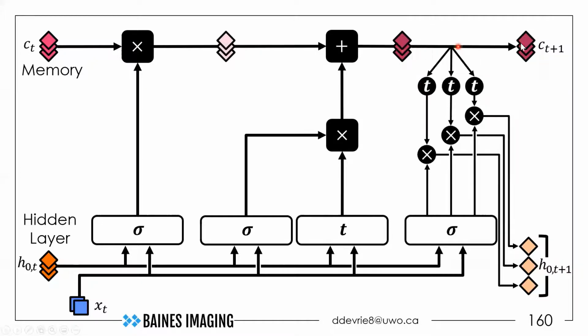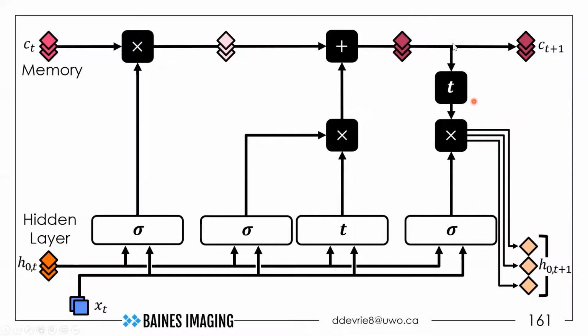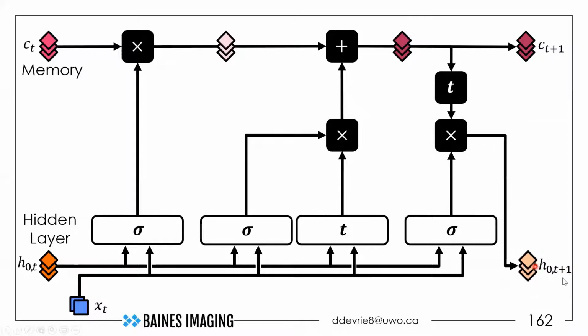Again, vector values for our memory: each element of that vector of memory gets passed out towards the output gate. And again, we could represent this with an element-wise hyperbolic tangent, element-wise multiplication, and element-wise input from our output gate network. And then finally, we have our hidden layer output that also becomes vector valued.